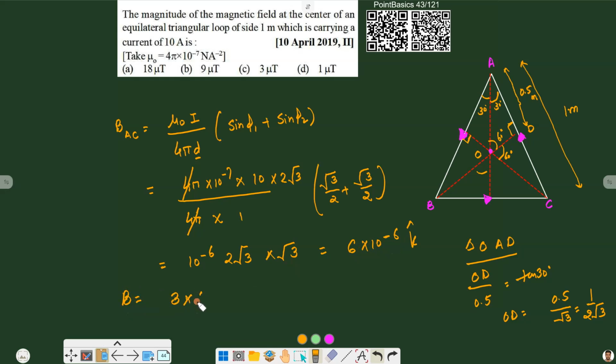So 3 into 6 into 10 raised to power minus 6. So it will be 18 into 10 raised to power minus 6 Tesla, that is 18 micro Tesla, and it will be in the positive K direction, if we assume the current to be counterclockwise. If we assume it to be clockwise, then it will be in the minus Z direction. Moving to the next one.